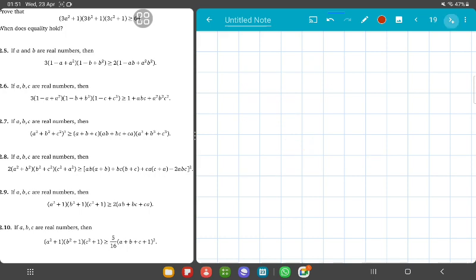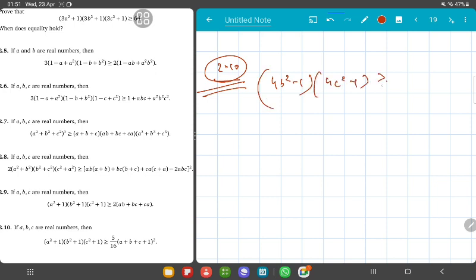So what does it say for the 2.10? What does it say now? See, among a square, b square, and c square, there are two either less than or equal to 1 by 4 or greater than or equal to 1 by 4. Let b square and c square be these numbers such that 4b square minus 1, 4c square minus 1 is greater than 0.